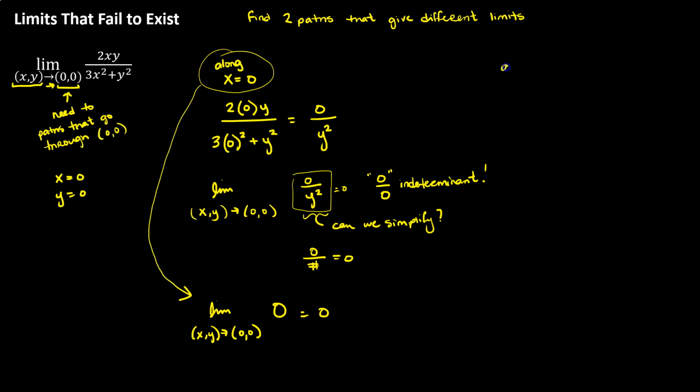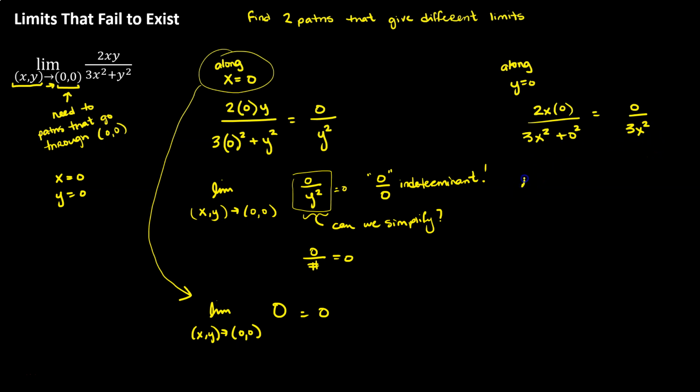But what about along y equals 0? In that case, our function would look like 2x times 0 divided by 3x squared plus 0 squared. That simplifies to be 0 over 3x squared.